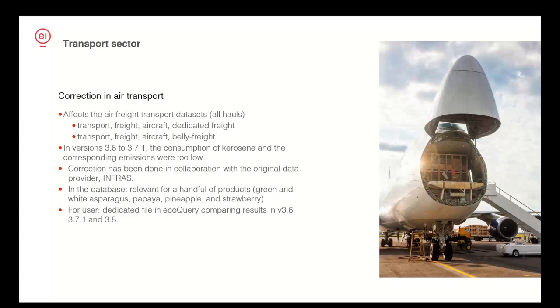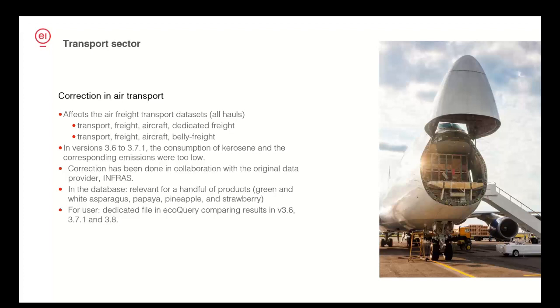In versions 3.6 and 3.7.1, for all of those datasets, the consumption of kerosene and the corresponding emissions were too low. They were underestimated. We have corrected that now in collaboration with the original data provider, which is Infras. So the correction leads to significant changes in the LCIA scores for air freight transport data.